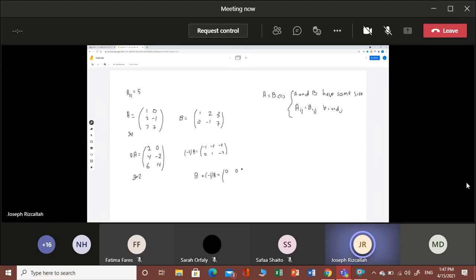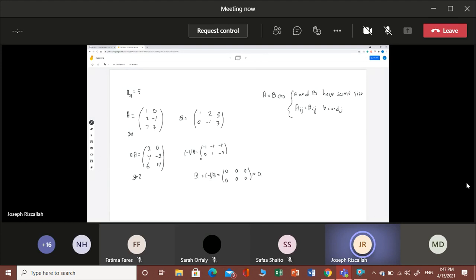Then 3 plus -3, which is 0, right? Then 0 plus 0, of course, is 0. Then -1 and 1 is 0, and 7 and -7 is 0. So I get the zero matrix. So you see B plus -1 times B is the 0 matrix, okay?